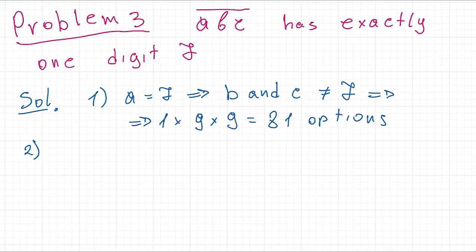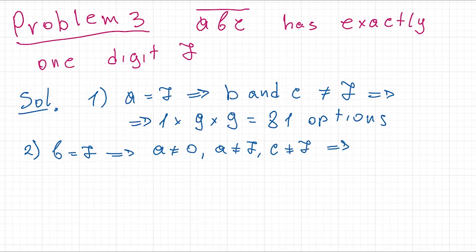If 7 is in the second position, B is equal to 7, then A is not equal to 0, and A is not equal to 7, and C is not equal to 7. So we get 8 times 1 times 9, that is 72 numbers.